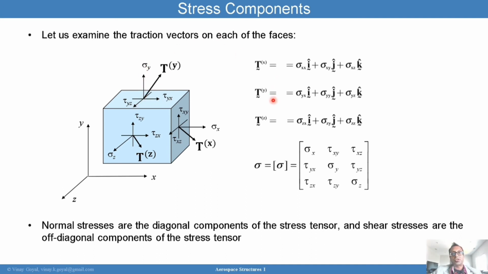We can use a Cartesian system to represent T bold, and here this traction vector can be represented as sigma yx. Sigma yx is this direction here, and is i hat because it's in the x direction, is the x component, plus sigma yy, which is this component here, and that's in the y direction, so that's j hat, plus sigma yz, which is in this direction z, and that makes sense, that is k hat.